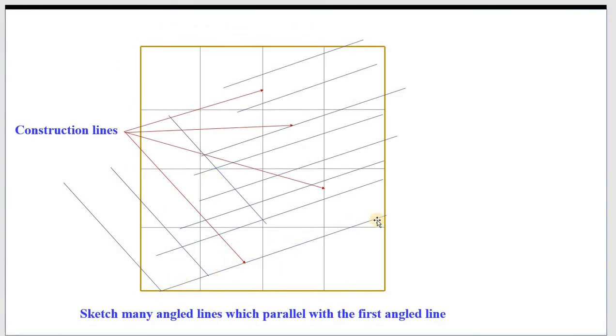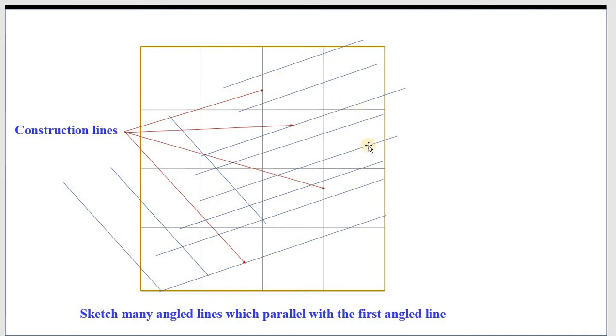Continue to do many angle lines like this, and each of these lines is parallel with the first angle line you created. You also do the other angle lines, which are perpendicular to the ones you created before, and you do many lines like this. Continue like this.